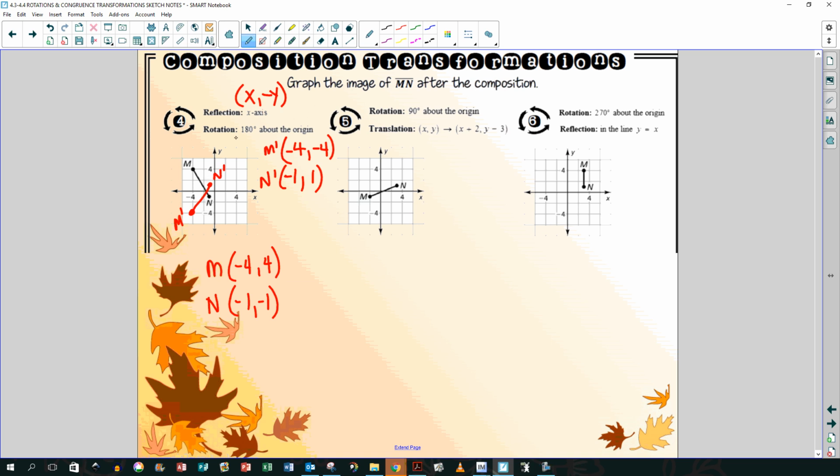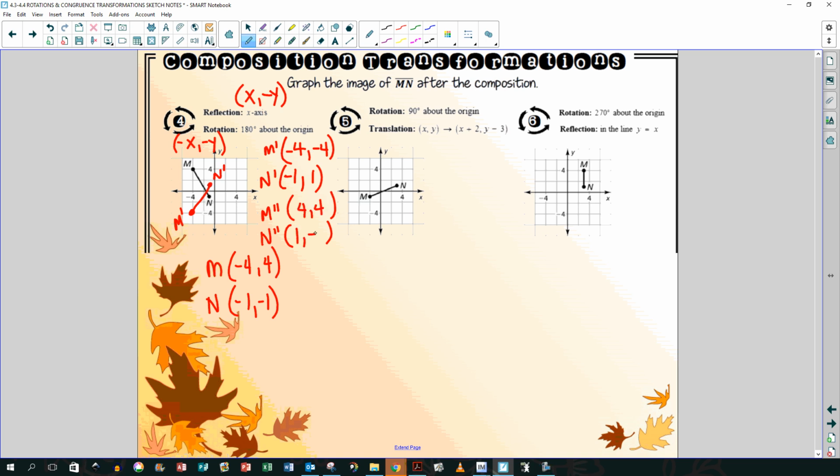And then to rotate 180 degrees, from here, you have M double prime, N double prime. So to rotate 180 degrees, they just change signs. So now these are just going to change signs. So -4, -4 becomes 4, 4.